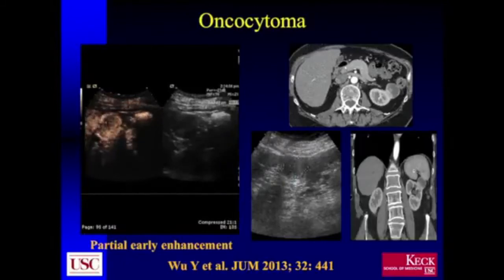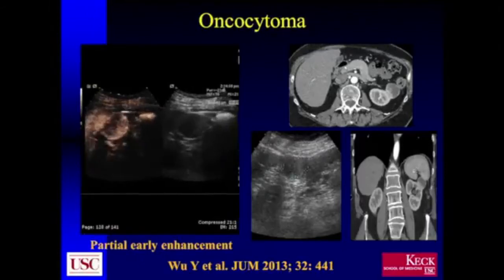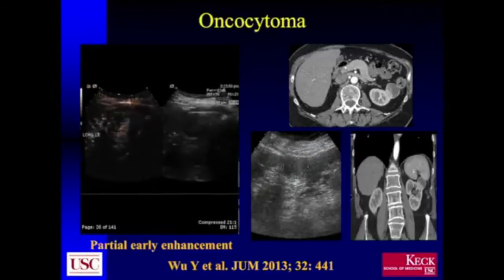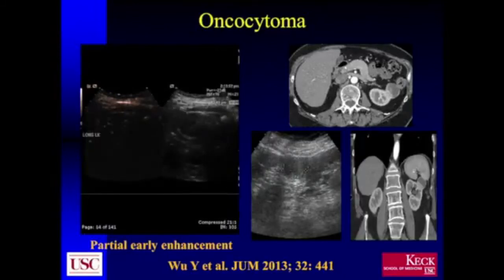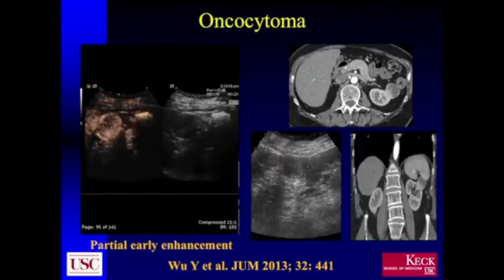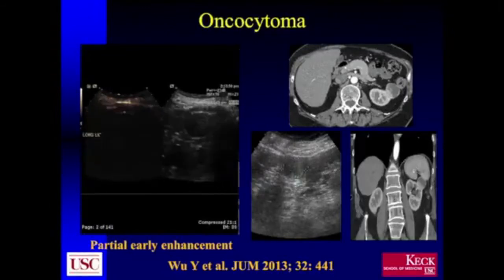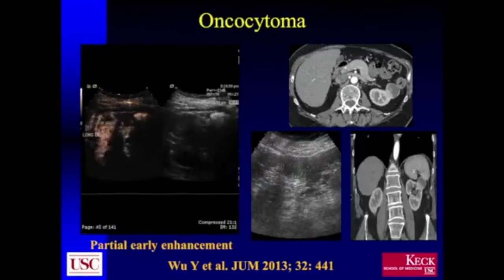So even if we were to be a little more specific with the contrast to be able to say, well, this is suspicious for an oncocytoma, I would be uncomfortable hanging my hat on that diagnosis because, again, sometimes there may be oncocytic components mixed with renal cell carcinoma. So, again, most of these will probably need to undergo biopsy or surgical removal, depending upon the size.